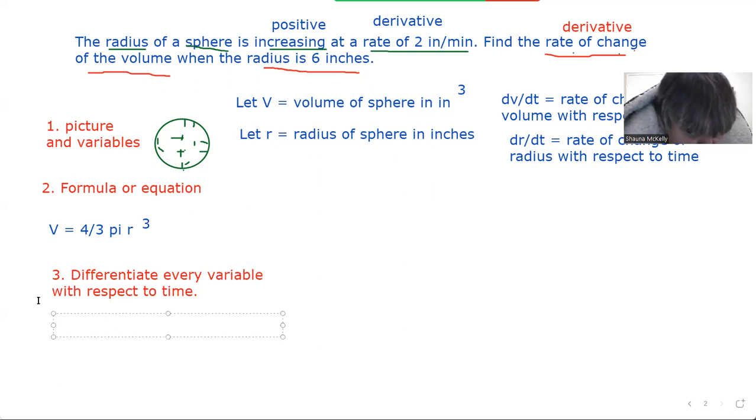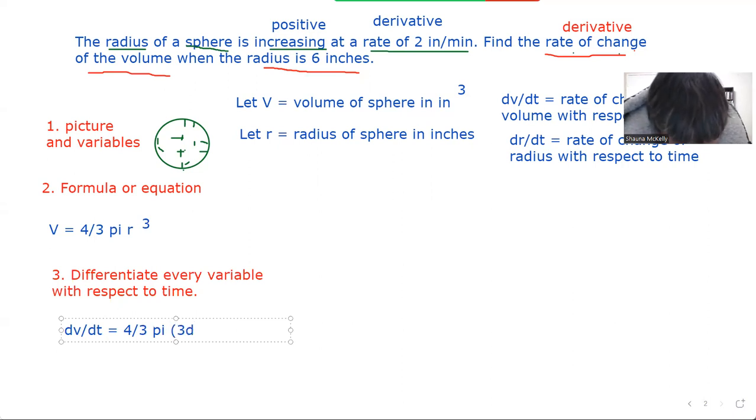Again, I'll go back to the blue here. This is going to give me dV/dt is equal to, remember 4/3 and pi are both constants, so I'm going to bring them out, 4/3 pi, and I'm going to differentiate the r cubed, that's 3r squared.